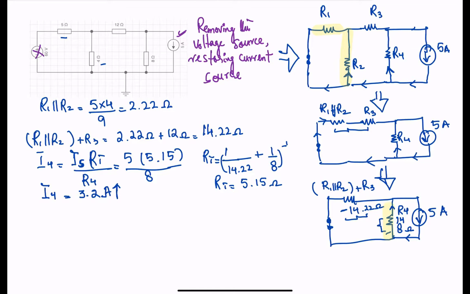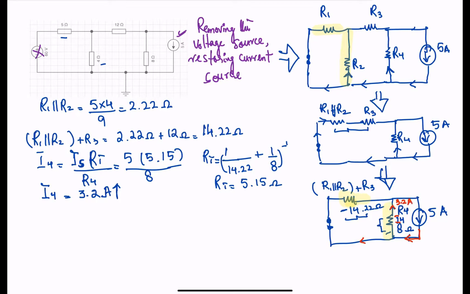Let's now move on to finding the current across this resistor right here. Notice here, you have 5 amps coming in, and I4, which you just calculated, is 3.2 amps flowing in this direction.